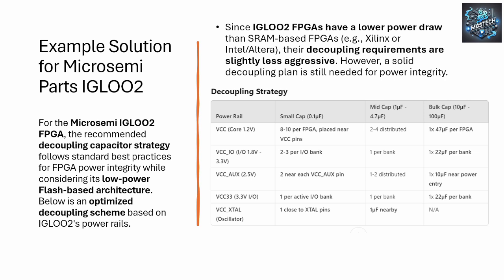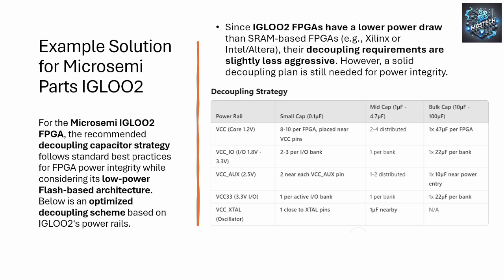However, a solid decoupling plan is needed for power integrity. So the Microsemi IGLOO 2 FPGA with its lower power flash based architecture requires fewer decoupling capacitors than SRAM based FPGAs, as previously stated. However, a well-structured decoupling plan is still essential for maintaining power integrity.